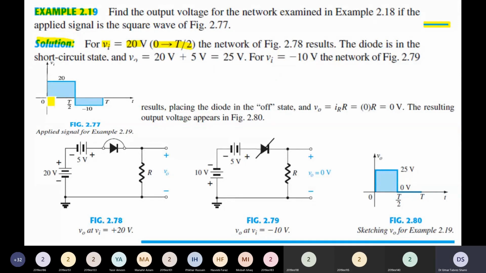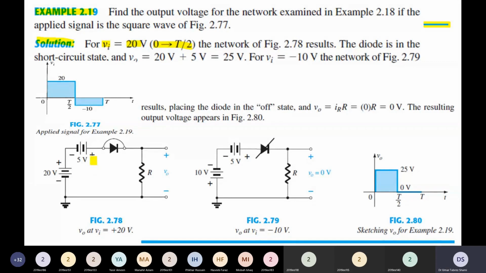We give this input voltage to the same circuit, and now we want to look at the obtained output. What will be our output voltage?